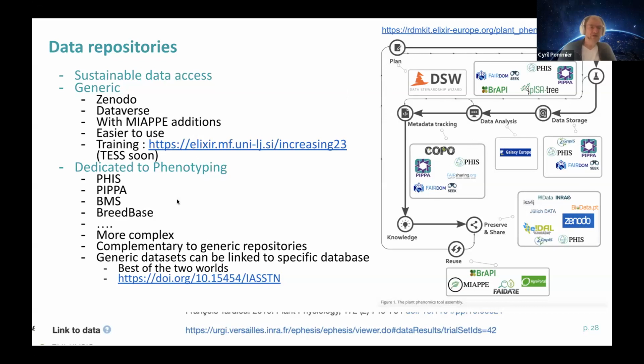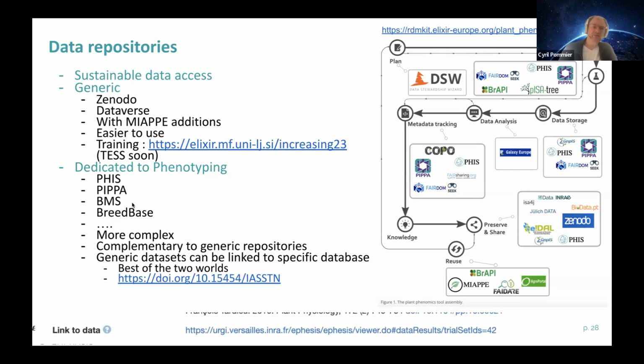And although if you don't want to use generic data repositories because your data is too big, because one experiment of Phenomics can be tens of terabytes, or because it's too complex to be represented through simple files, you can have tools dedicated to phenotyping, which is the case for FIRS, PIPA, BMS, so breeding management system, breedbase, etc.